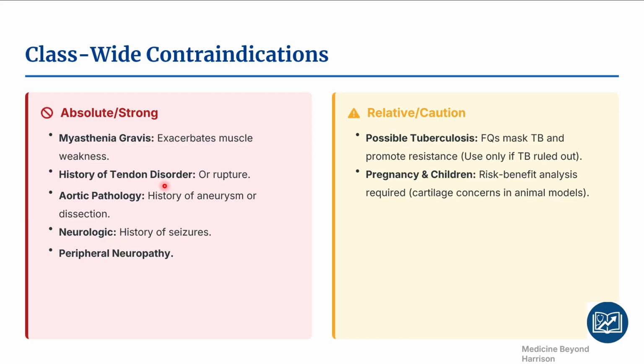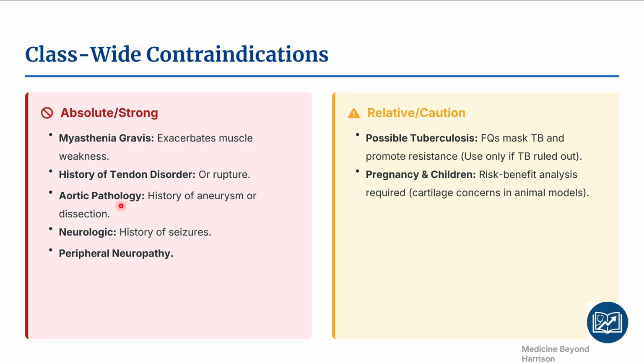When you use a fluoroquinolone drug, always ask about tendon disorders, like anterior cruciate ligament rupture in the past, or knee joint or elbow tendon ligament tears, because it has a high incidence of tendon rupture due to weakening of the tendon.